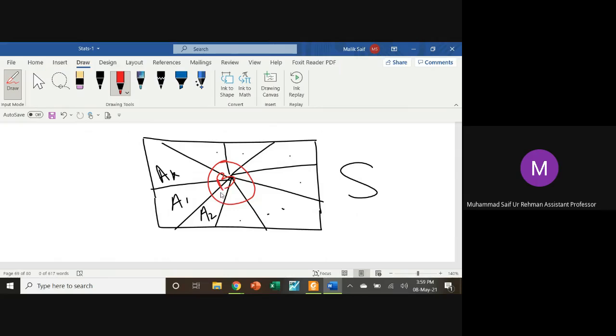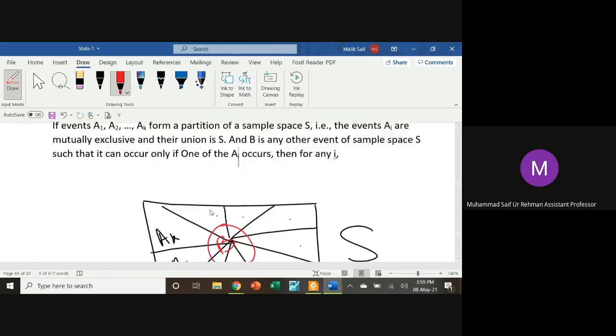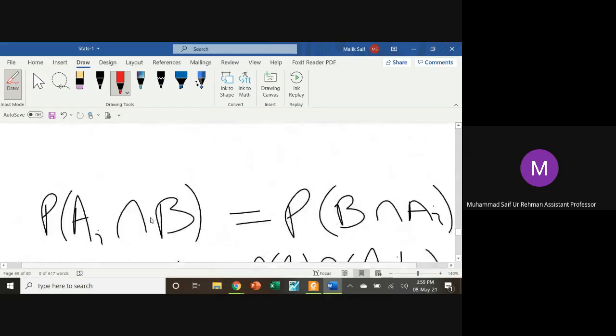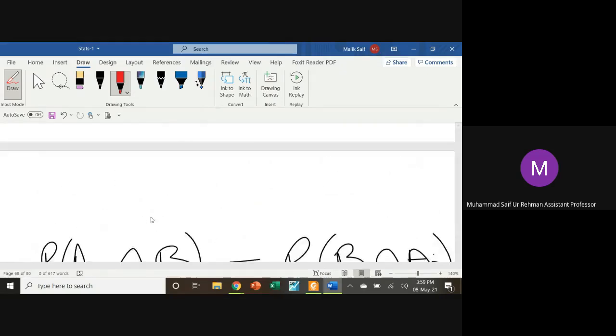So there will be something common between A2 and B, similarly between A1 and B, and from AK. Between A_i and B there is something common, A_i intersection B. This is what we have written over here. Understand? I means all A1, A2, A3 up to AK. So some portion is common in the sample space.